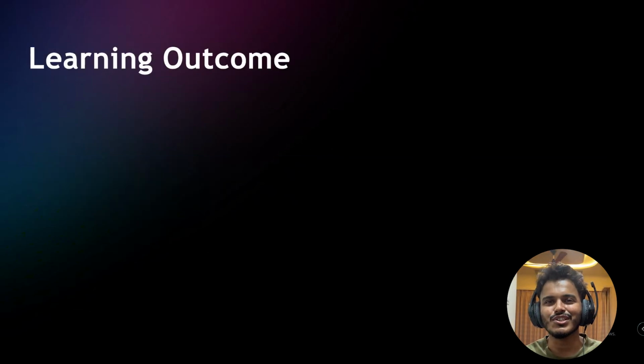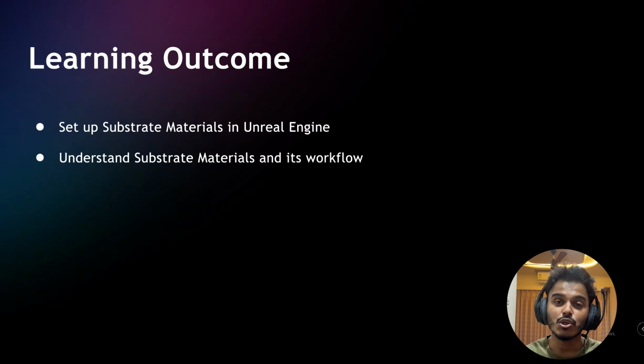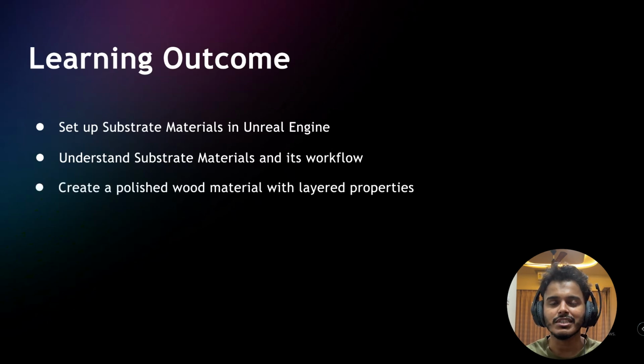At the end of this video, the learner will be able to set up Substrate and apply it effectively in their projects. Next, you'll understand its layered workflow and advantages over traditional materials. You will also create a polished wood material with detailed properties like surface imperfections, followed by crafting a realistic glass material using substrate slab.